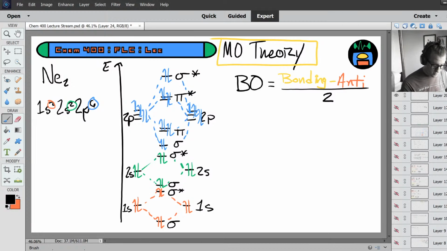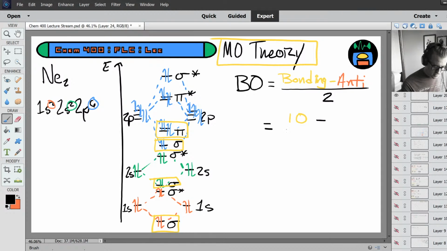So for bonding electrons, we have 2, 4, 6, 8, 10. We have 10 bonding electrons.